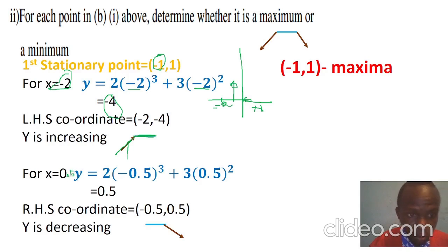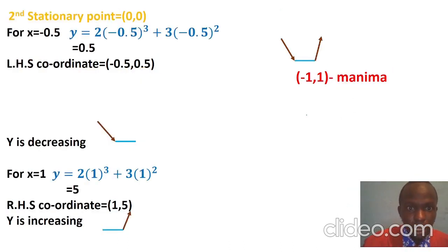Let me make that correction. Substitute it here, and then you get 0.5. So it gives us a rough idea that it's sloping downwards in that direction, sloping downwards. So this becomes a maxima. It's maximum at that point. So let us look at the next stationary point.